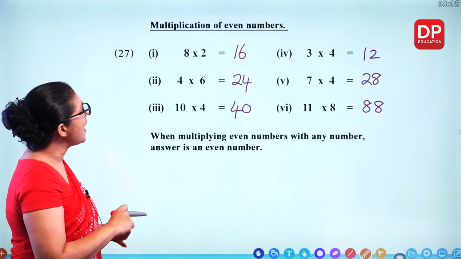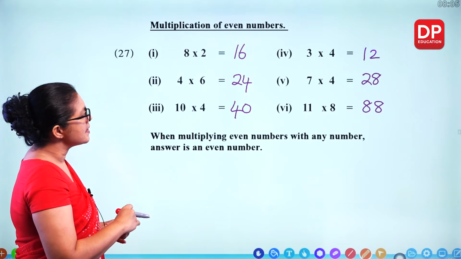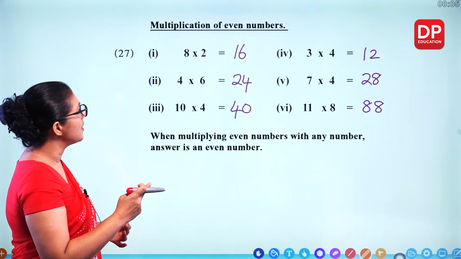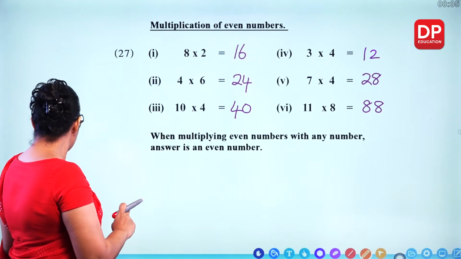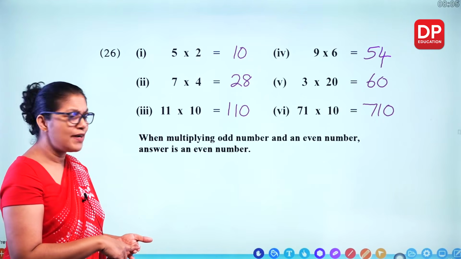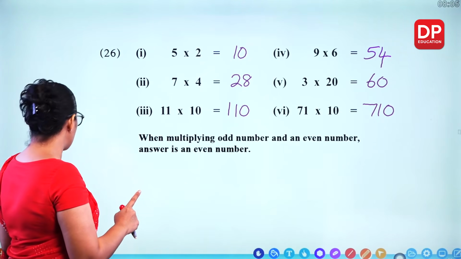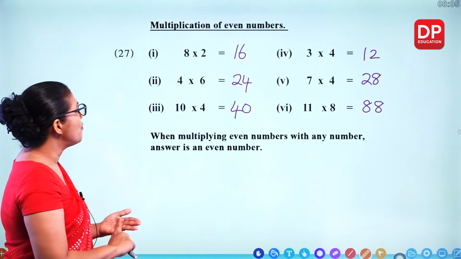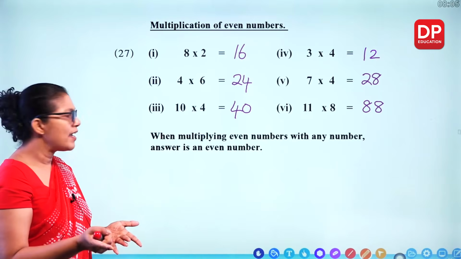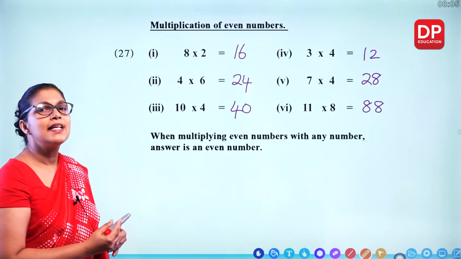So, when multiplying two even numbers, you get even number. So, previously we found out odd number multiplied by even number, that's also even. So, what can you say about when you multiply even numbers with any number, odd or even, answer is an even number.